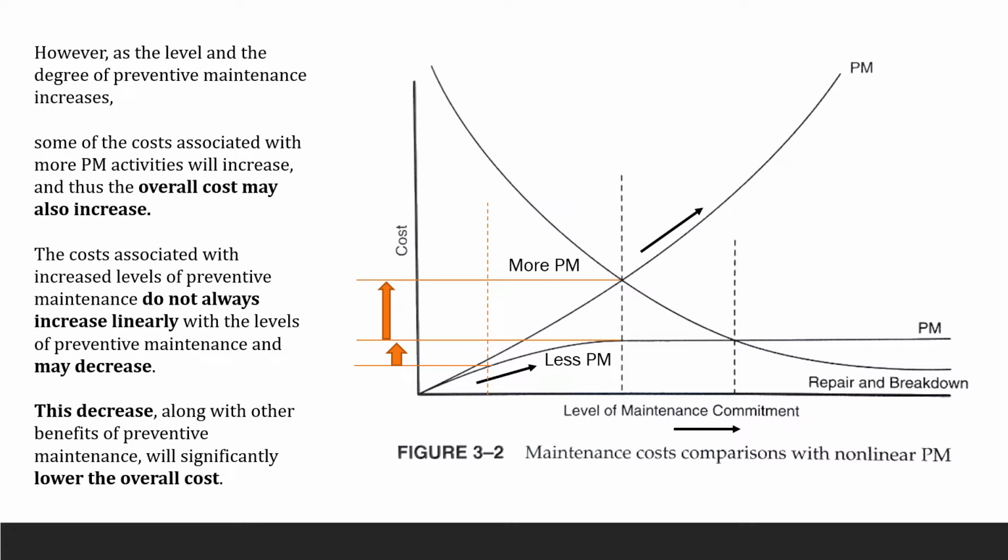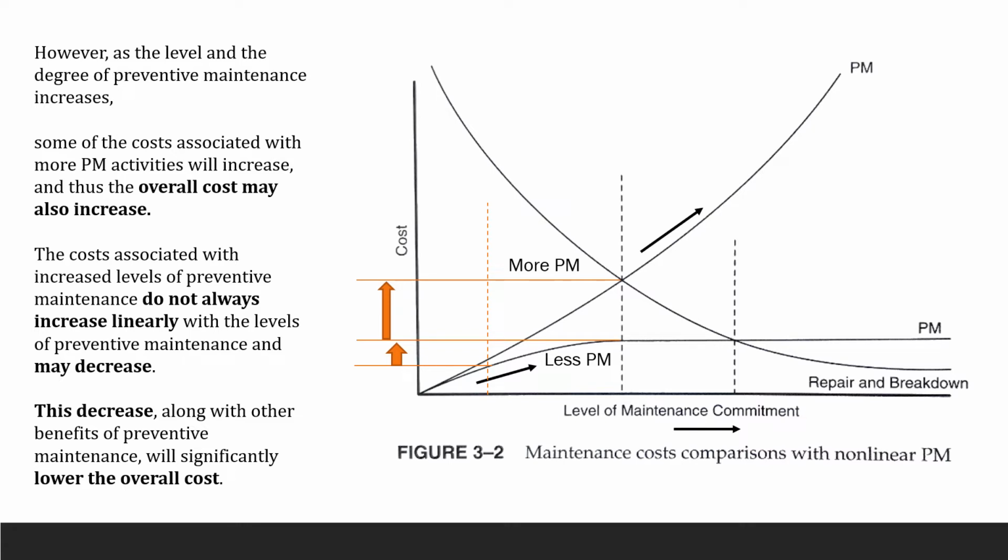We're not dealing with the repair and breakdown for this comparison between two different preventive maintenance programs. So there are two ways of looking at the same graph. But if you study the interaction, the more commitment you make, the less PM cost you will be using if you choose this type of PM.